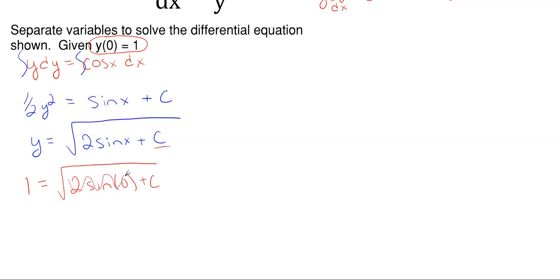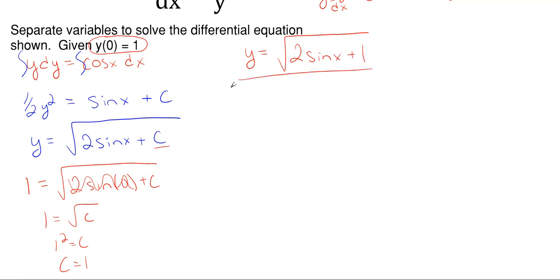So this entire term drops out, and we're left with 1 equals the square root of c. Well, that means that we have 1 squared is equal to c, thus c is equal to 1. So our expression solving for y is equal to the square root of 2 sine of x plus 1. And that is our answer for this differential equation.